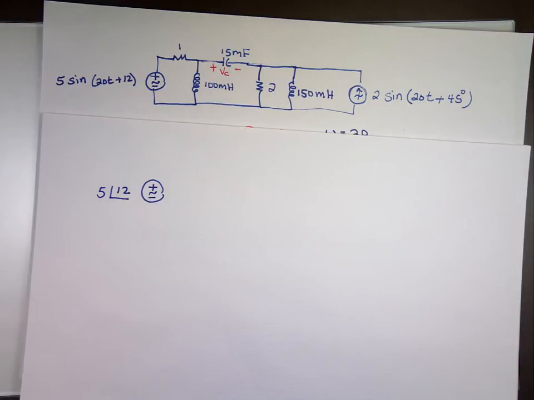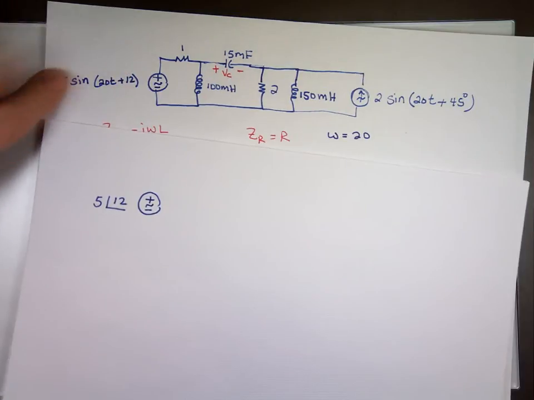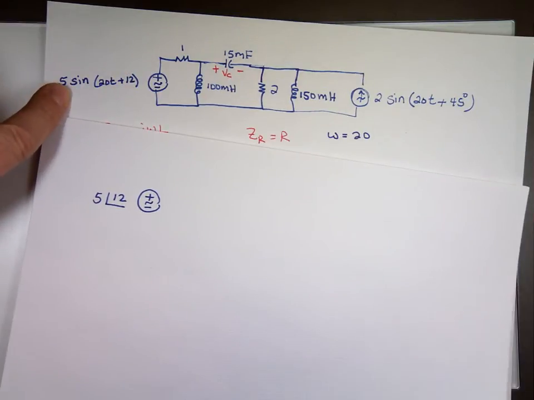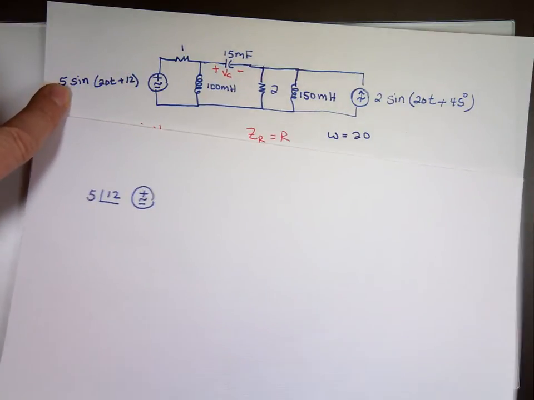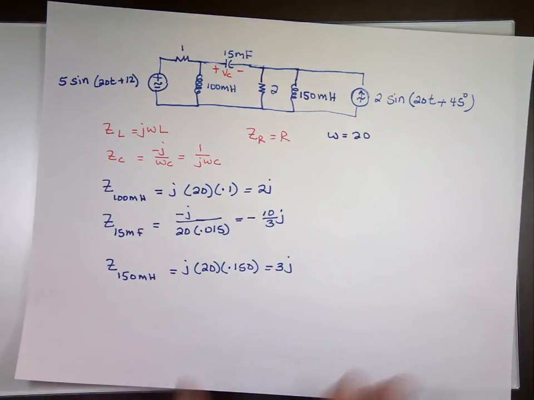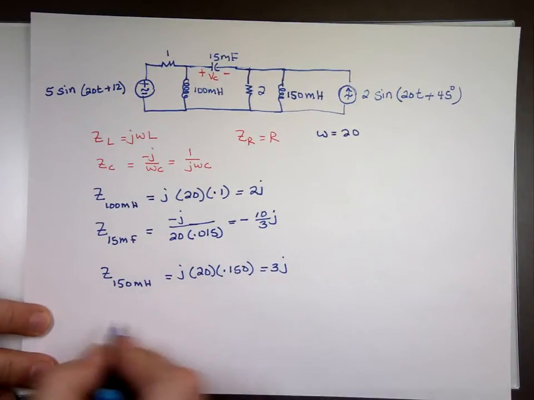Oh, wait a minute. Let's stop here. It's not 5 angle 12. This is cosine. I thought it was cosine, sine. Right? So let me go back here.